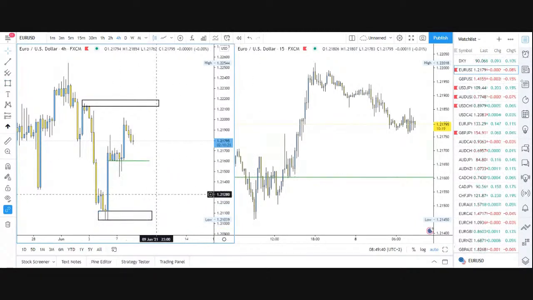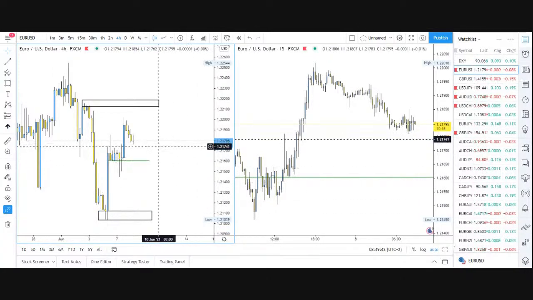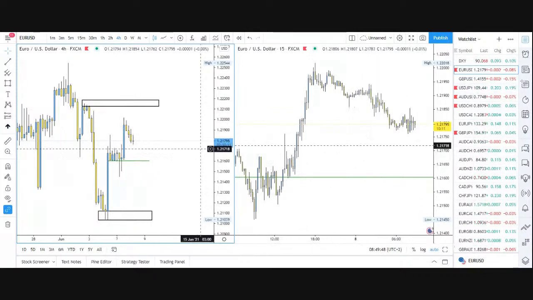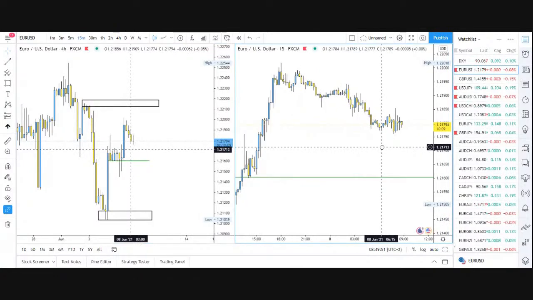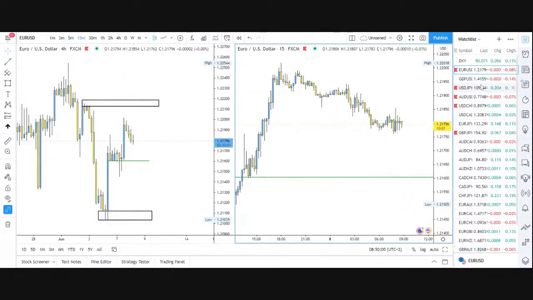There you go. Oh, there we go. That's Euro USD. Potential for us to go down. Potential for us to go down, guys. Ton of potential for us to go down.